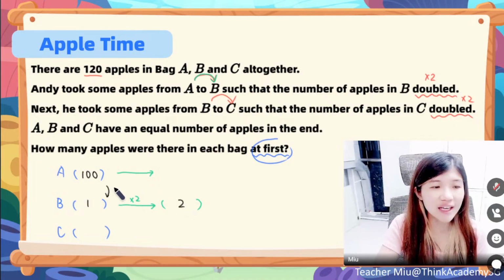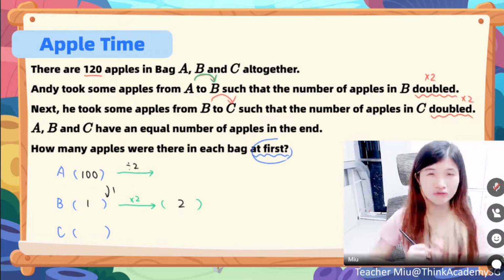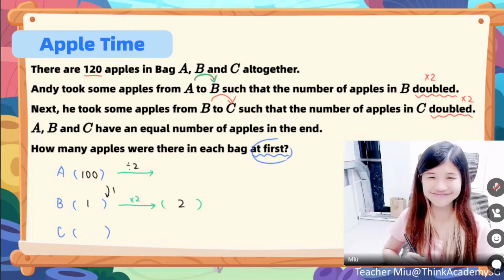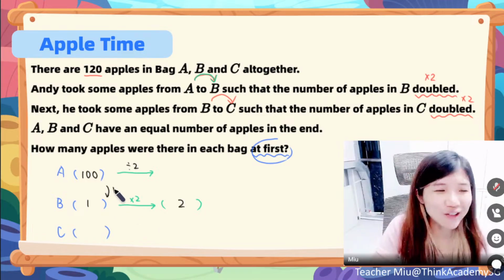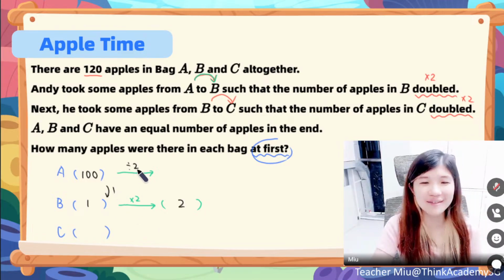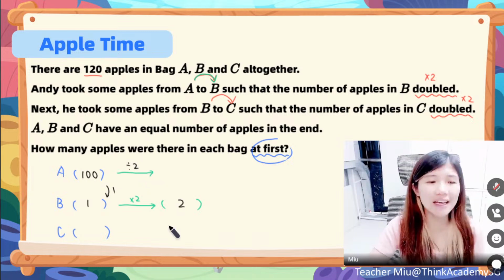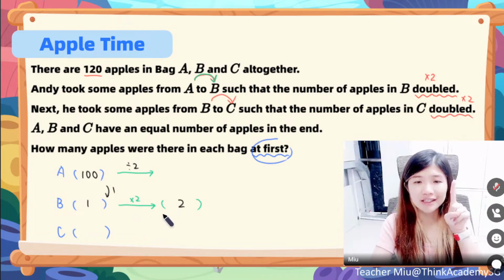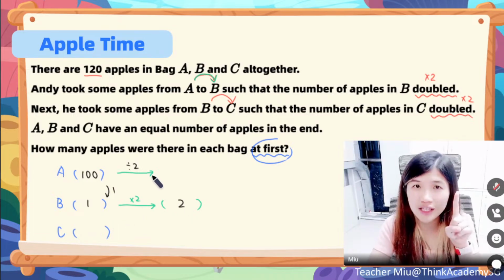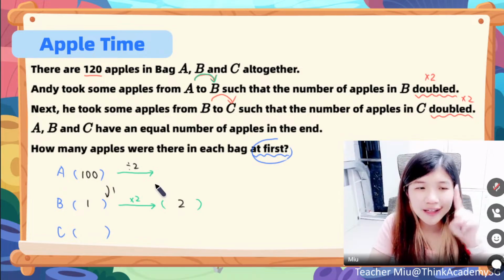He's only given it 1, right? So for A, does it mean divided by 2? No, right? He's only taking out 1. How come it is divided by 2? That's why multiplication is only for one person. You cannot at the same time do division to the other. So keep this in mind.